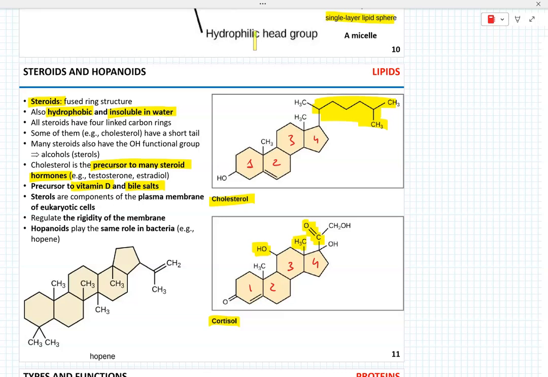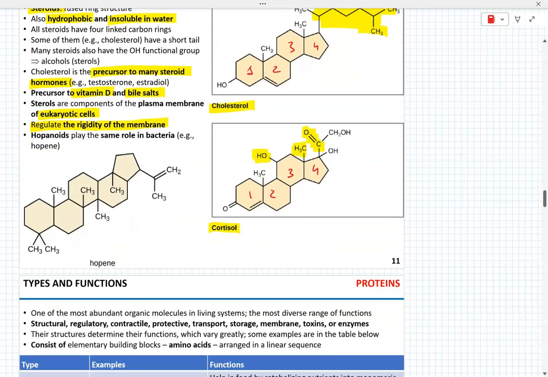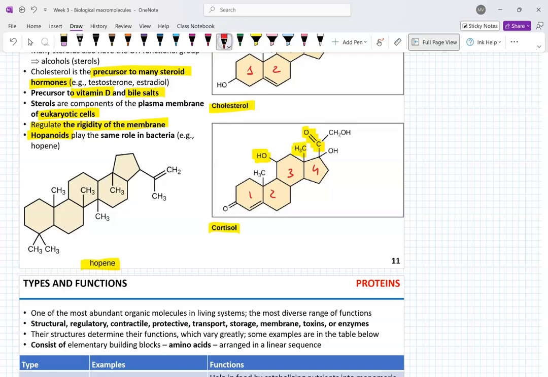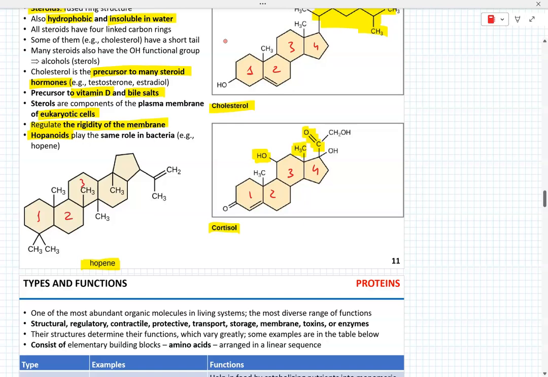Sterols regulate the rigidity of plasma membranes, specifically in eukaryotic cells. In bacteria, there are similar structures called hopanoids, for example, hopane at the bottom, that regulate the rigidity of the membrane. As you can see, hopanoids contain not 4, but 5 fused carbon rings.